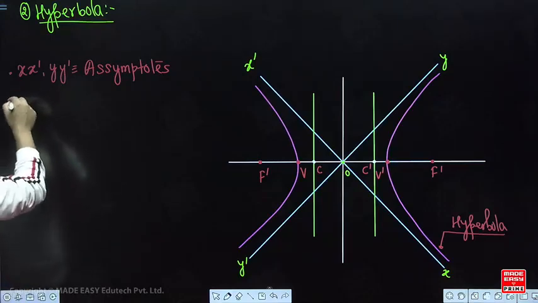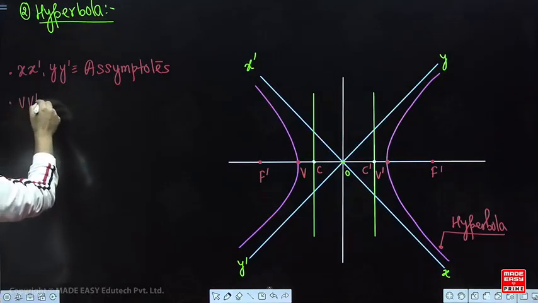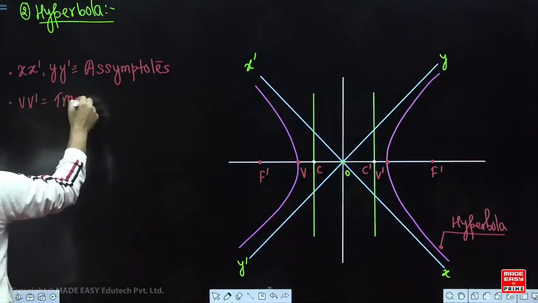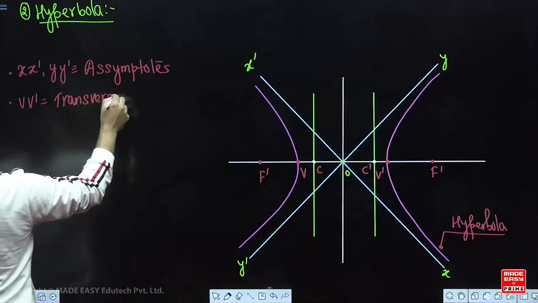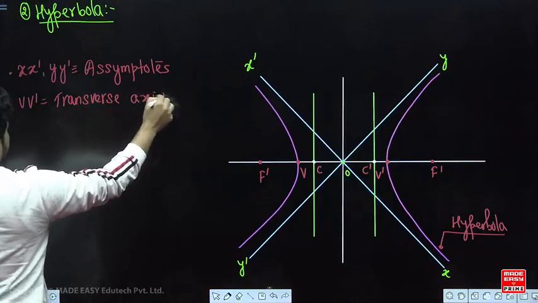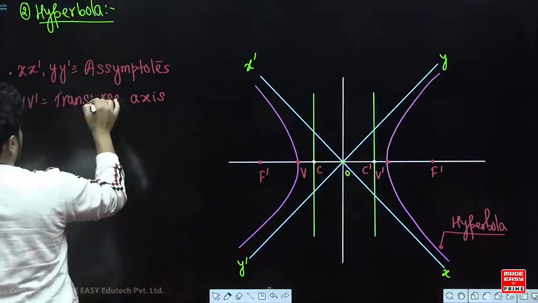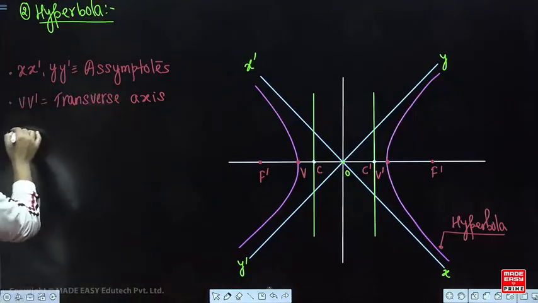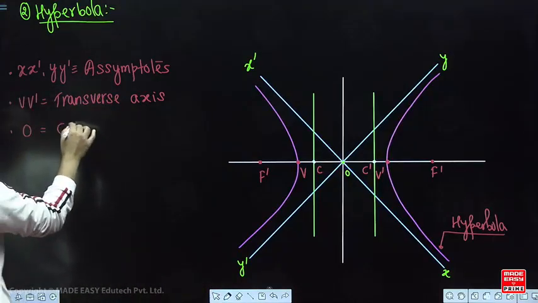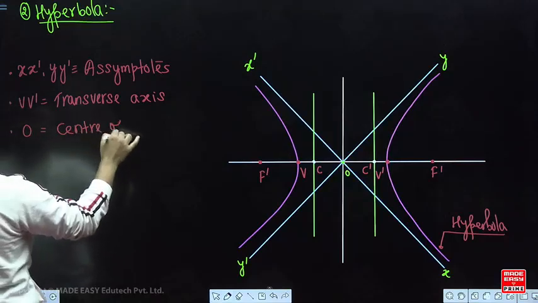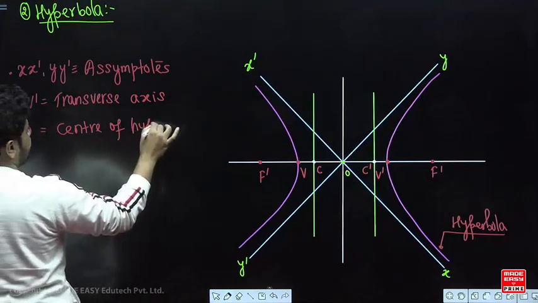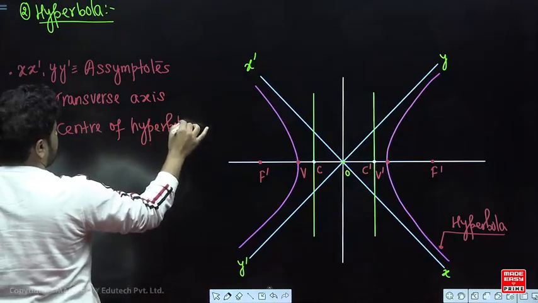Next we have VV dash, it is called the transverse axis. It is called the transverse axis, correct? O is called the center of the hyperbola. Center of the hyperbola, correct?